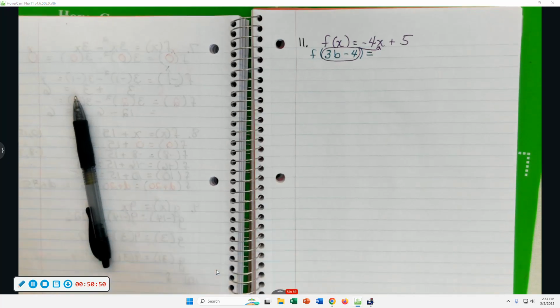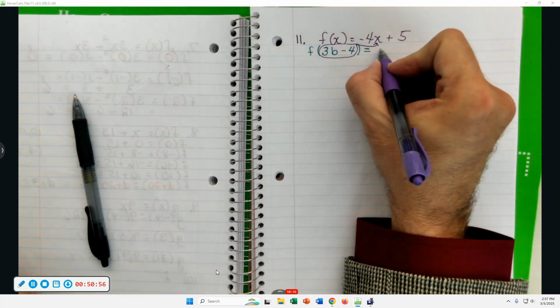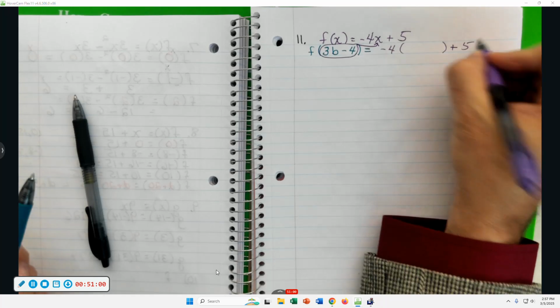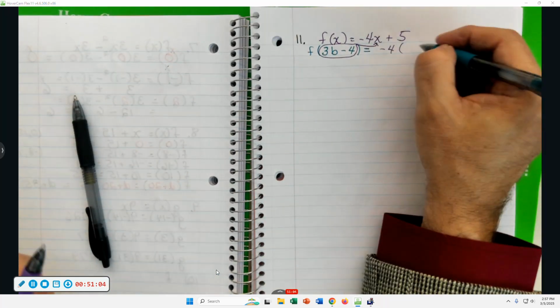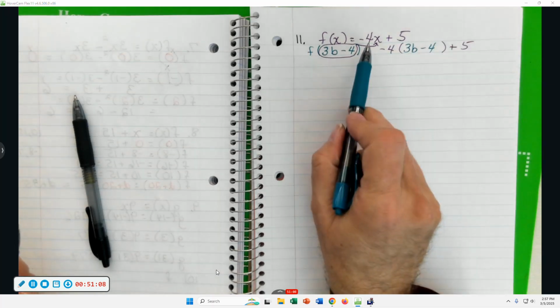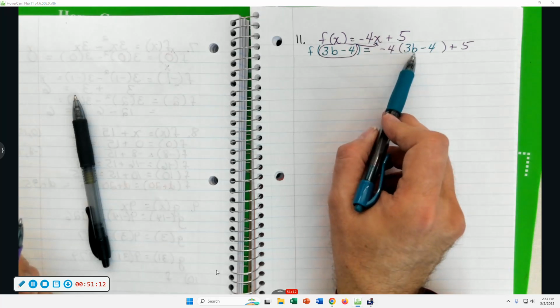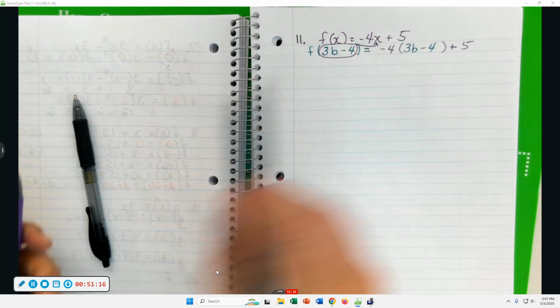Correct. The notation means plug 3b minus 4 in place of x. So let me go ahead and do that. This time there'll be a little bit of work to simplify. In place of the x, I'll put 3b minus 4. So we have negative 4 times 3b minus 4. Don't forget the plus 5 there.